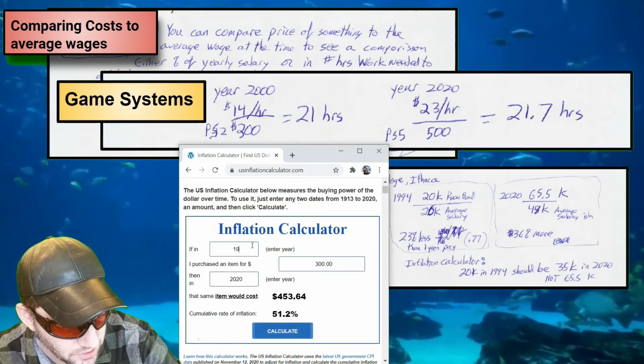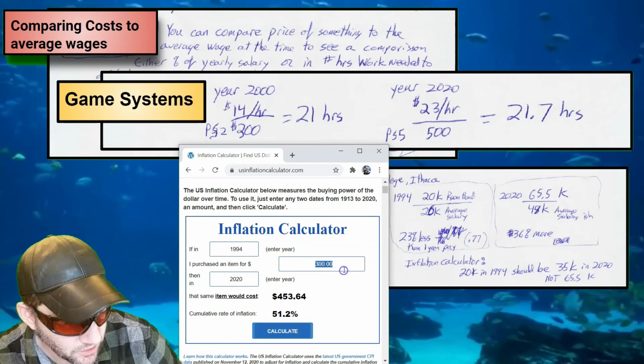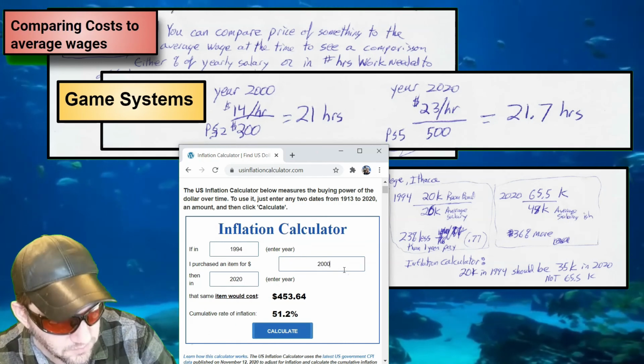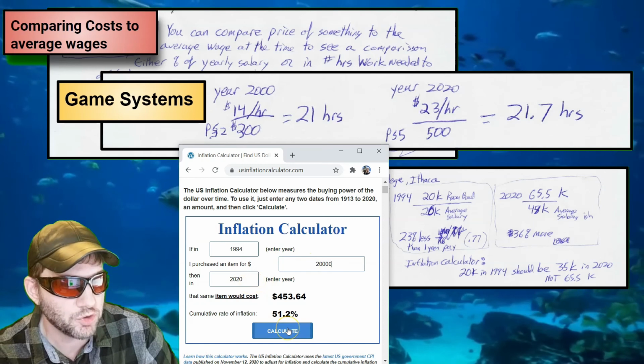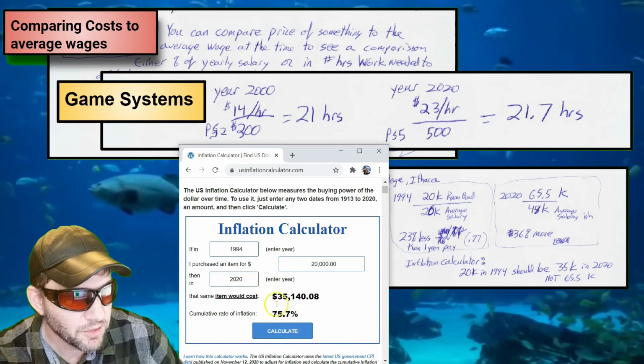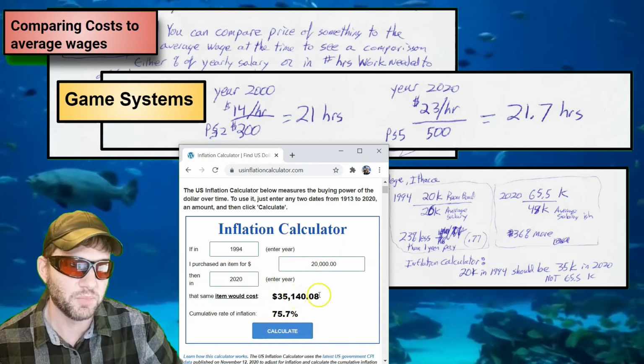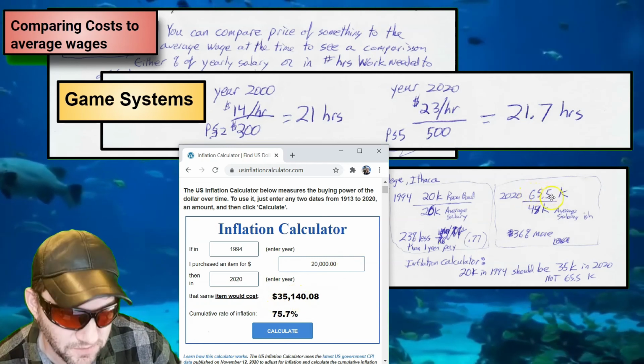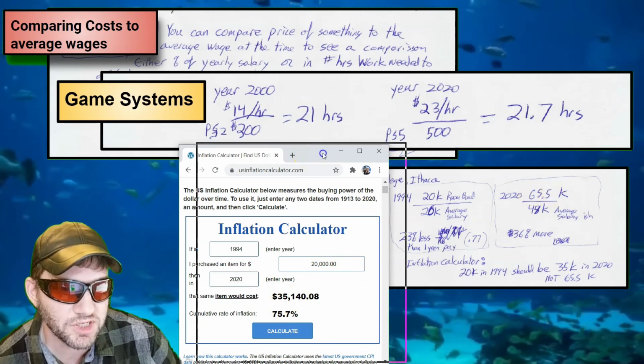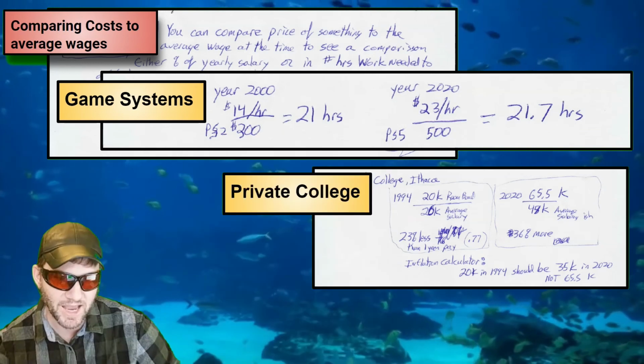If private colleges were going up just like everything else, you should be able to go to Ithaca for $35,000 a year, but that's not true because it costs $65,000. So the increase has outpaced inflation dramatically.